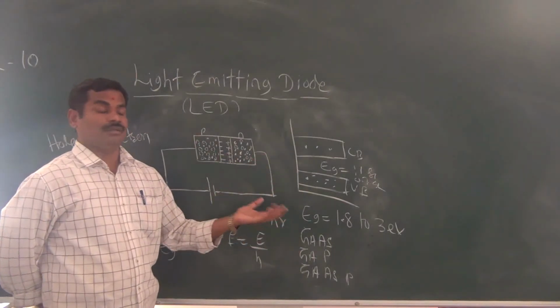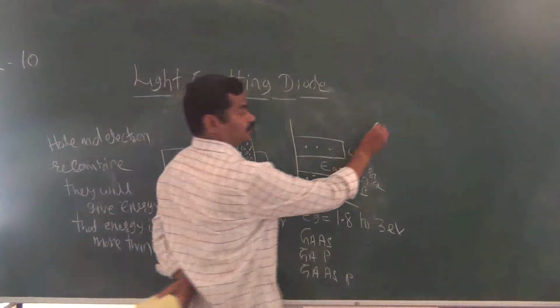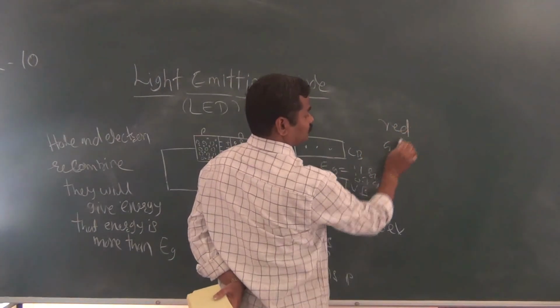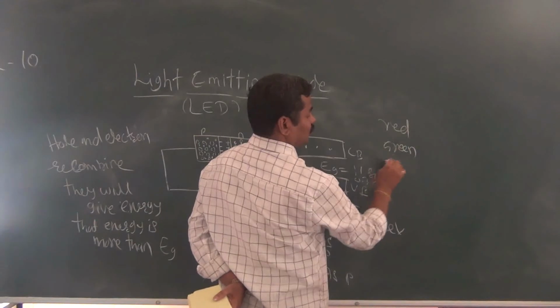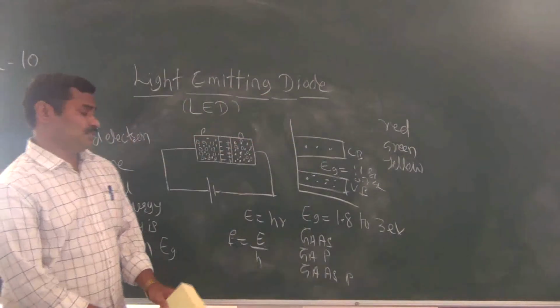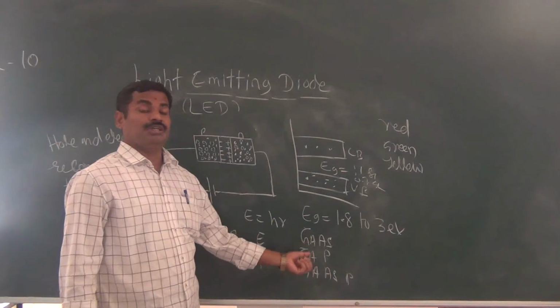You may get red color, or green color, or yellow color. You can get different colors depending upon what type of semiconductor you are using.